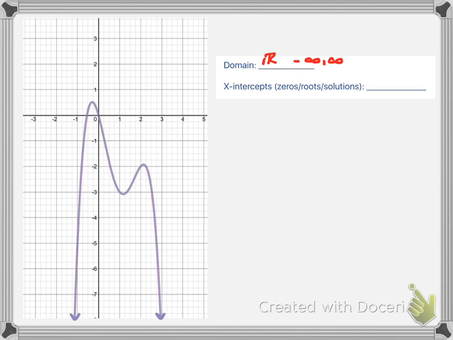We like to say negative infinity to positive infinity. Okay, your x-intercepts. Looks like that's at (-0.5, 0) and (0, 0). Okay? But the idea, it's going to hit everything in the world because it continues forever, left and right.